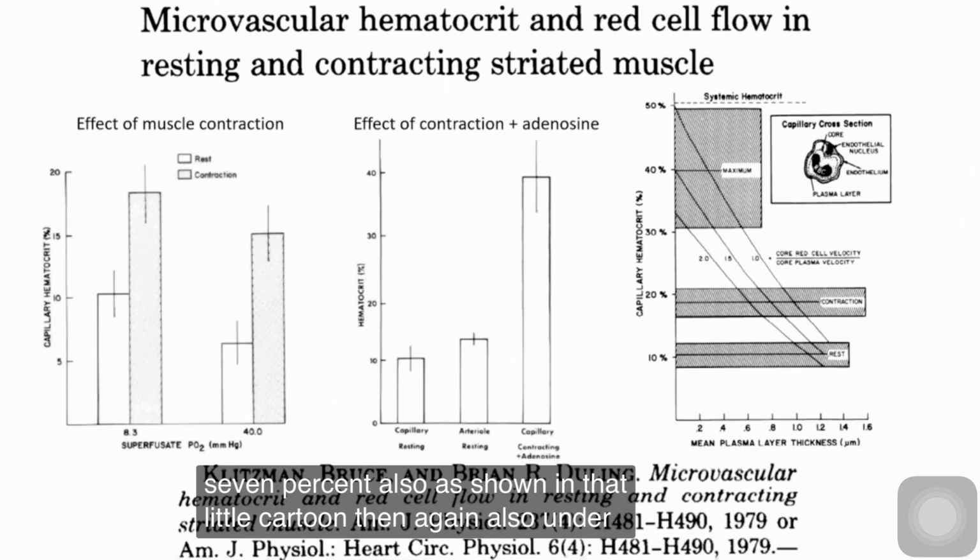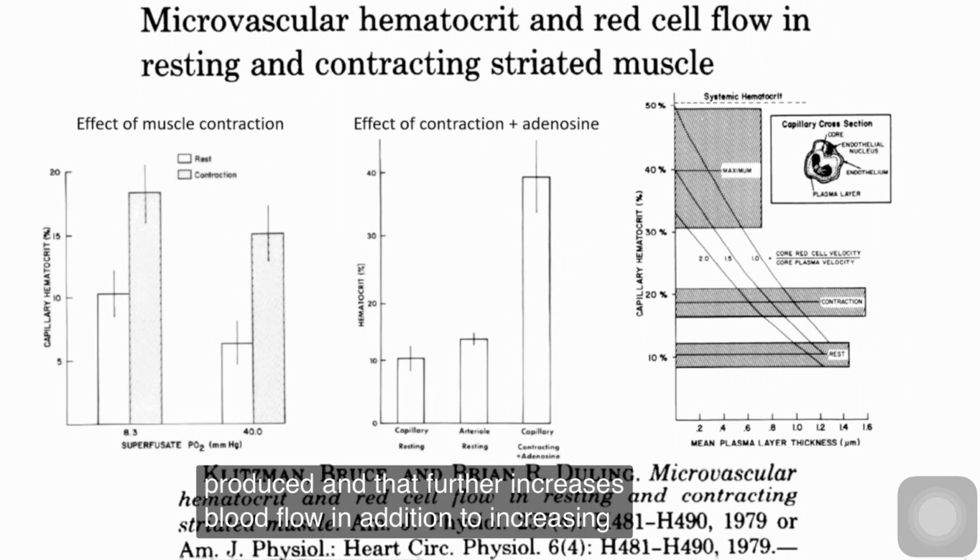And then again, under low oxygen concentrations or high oxygen concentrations, when he started contracting the muscle, red cell concentration would increase 2 to 3-fold upon muscle contraction. In addition to the effects of muscle contraction, he also noticed that he could increase the hematocrit further by adding adenosine, which is a metabolic vasodilator. If the muscle starts working hard, metabolism increases, adenosine is produced, and that further increases blood flow.